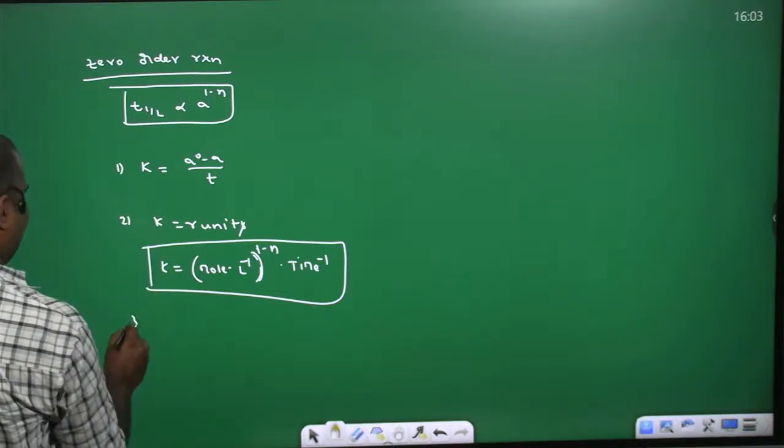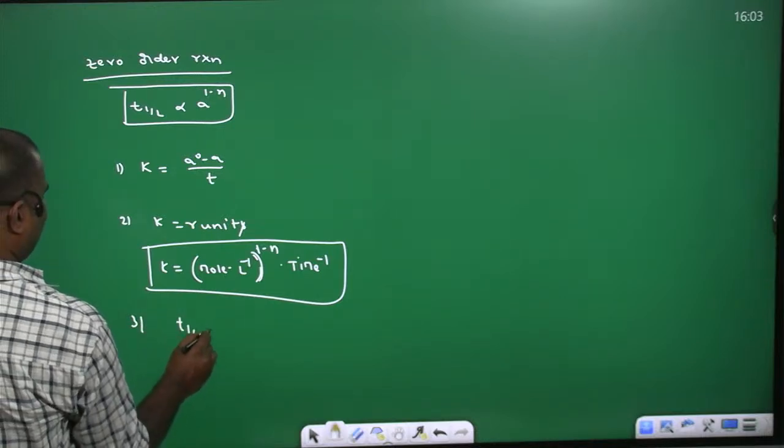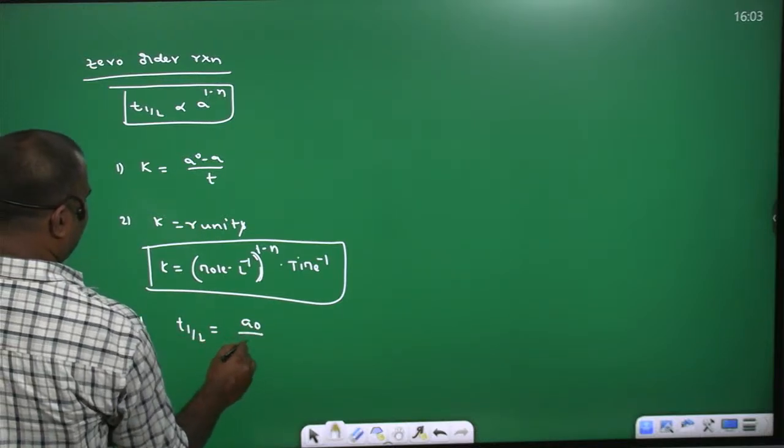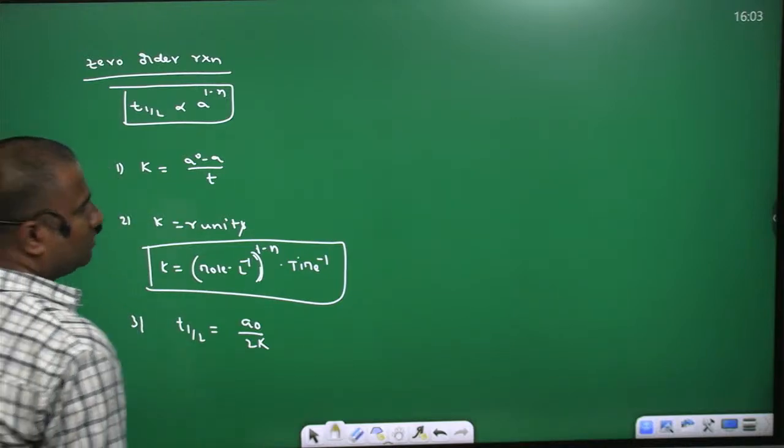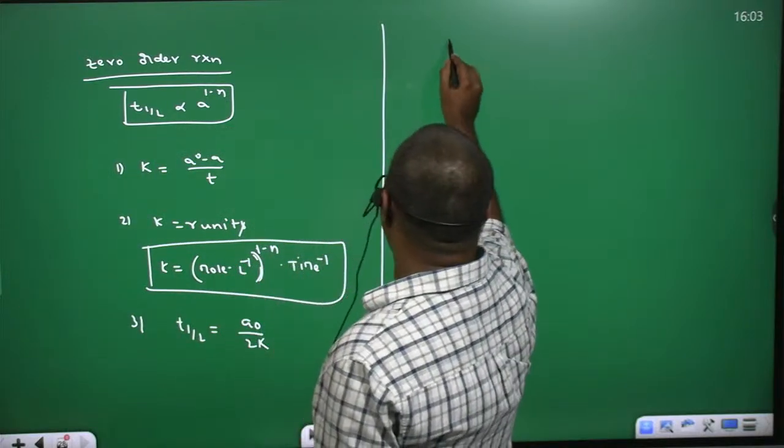Next, if you need to write T half equal to A naught by 2K, you can write for zero order reaction. The next, first order reaction.